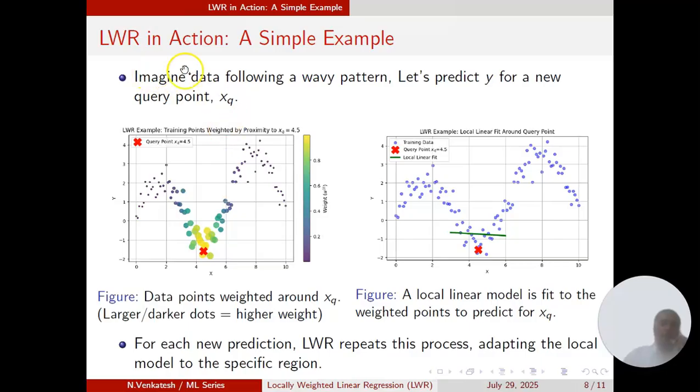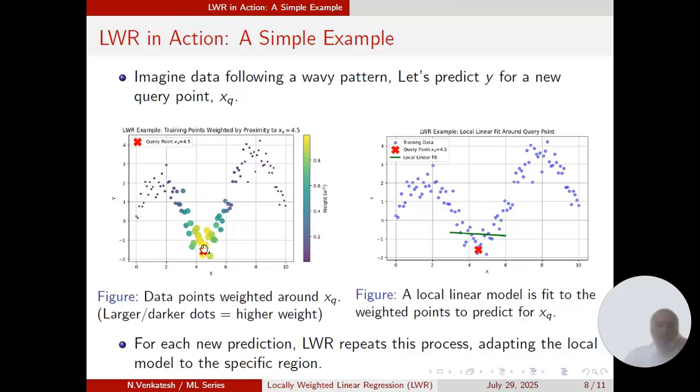Now let us consider a simple example to understand. As we had seen, this is a non-linear relationship. We cannot use a direct linear regression. Suppose we want to predict what y is for this x naught, which is 4.5. For 4.5, what is the y value we have to calculate?